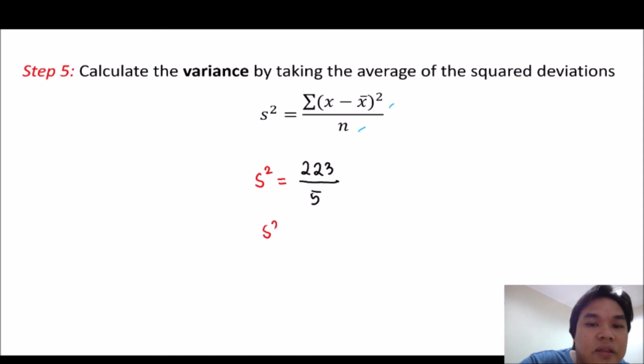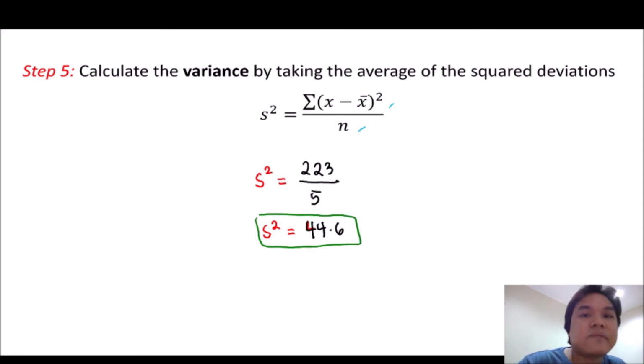So 223 divided by 5 is 44.6. So the variance is 44.6.